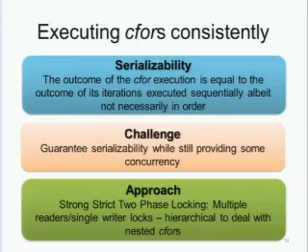Yeah? And you assume that we don't have nested C4s? We do assume we can have nested C4s. And what is the semantics in that case? So the semantics in that case is that each level of nesting is serializable, and each level of nesting is serializable with each other.